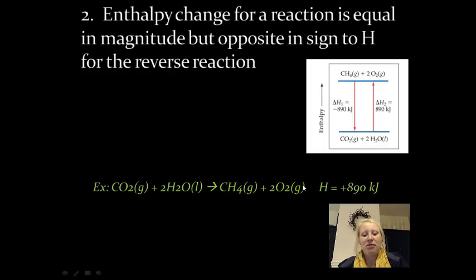Instead of the methane being combusted, we flipped it. Now we have carbon dioxide plus water going to methane plus oxygen. You can see that the sign of delta H is flipped. Before, when you combusted it, you released 890 kilojoules. When you take the products of combustion and combine them to make the methane and oxygen, you have to add 890 kilojoules.